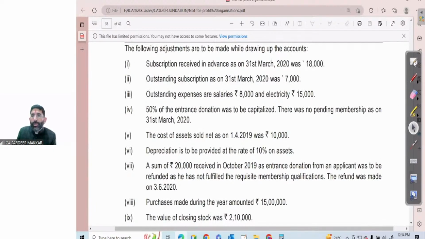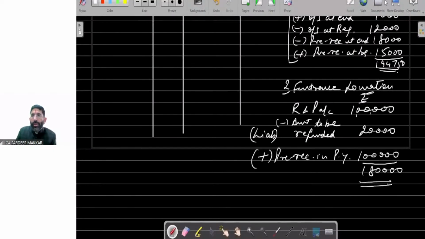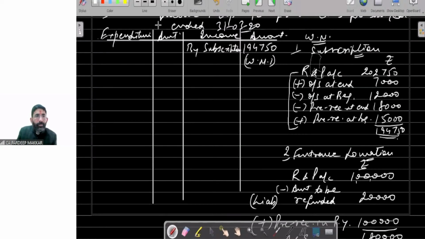So 50% will go to the profit or loss account, that is income and expenditure account, which is 90,000, and 50% will go to balance sheet, that is rupees 90,000, beta. So we have to enter it accordingly, by interest donation.